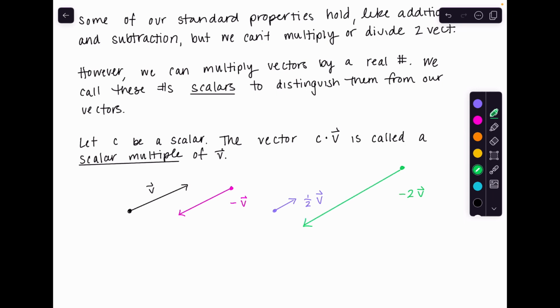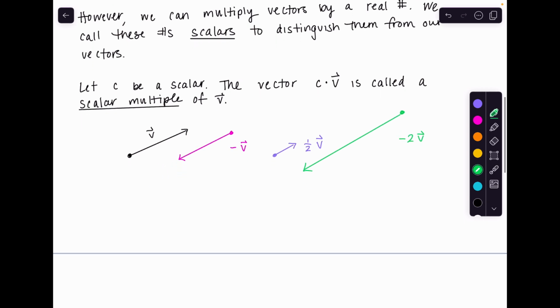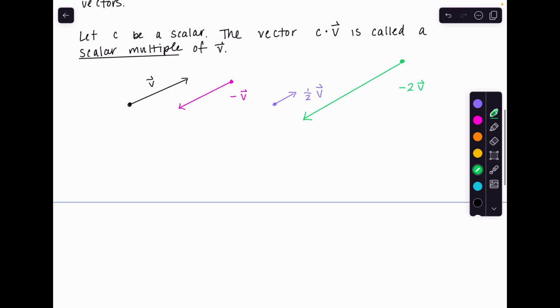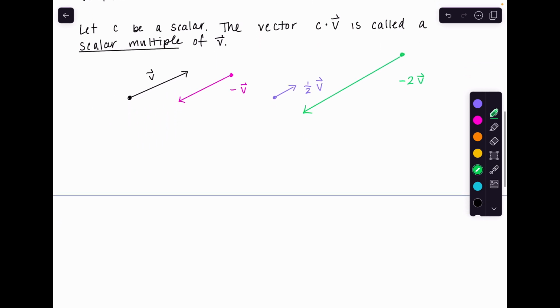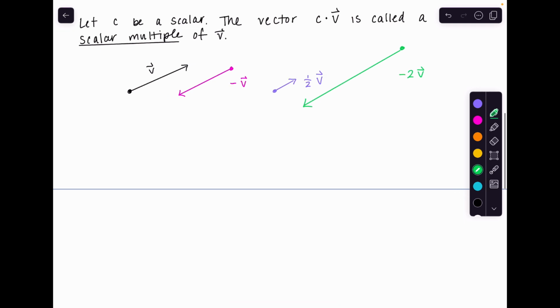Okay. Now, when we talk about adding vectors together, there are a couple of different ways that we're going to do this. We're going to talk about how I can break down a vector into different components, but visually there are two different things we can do to just add them. So say we're given two vectors.